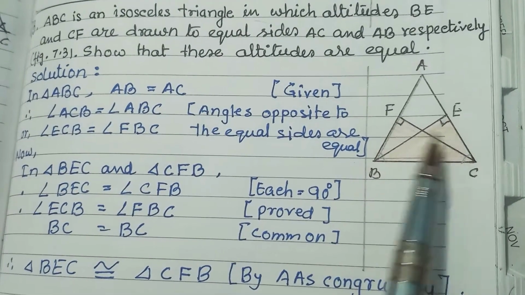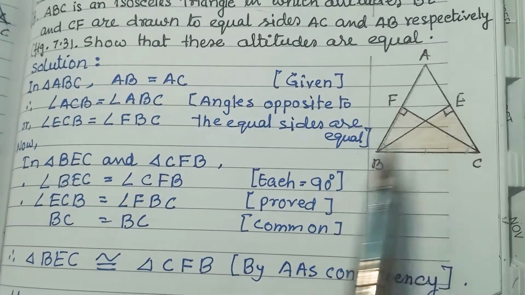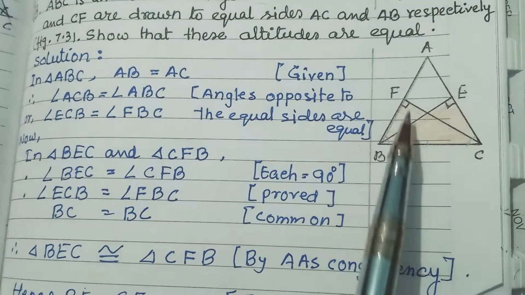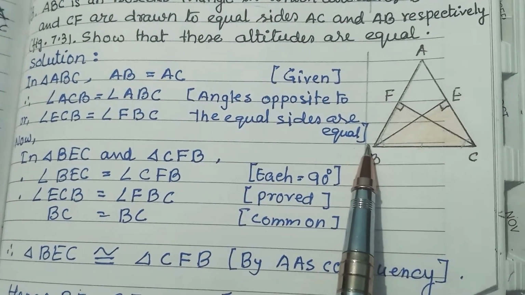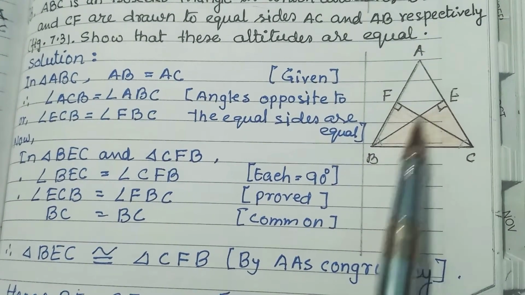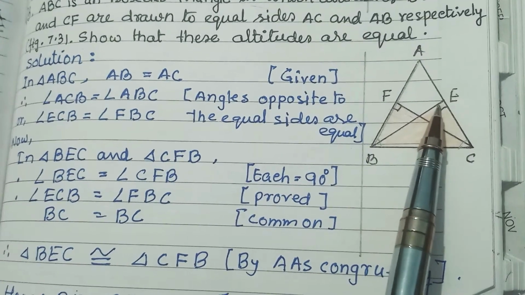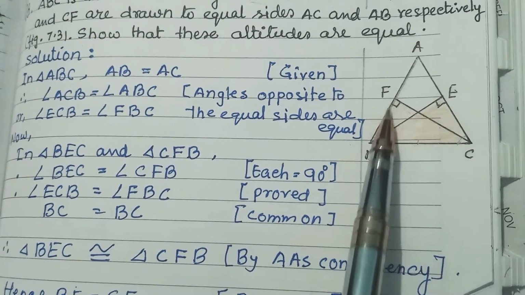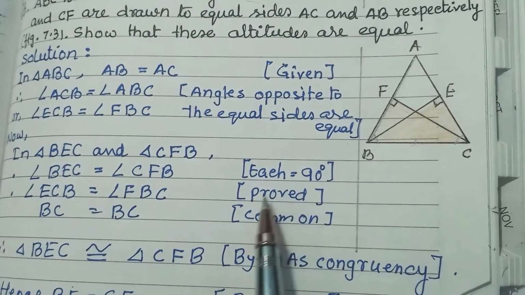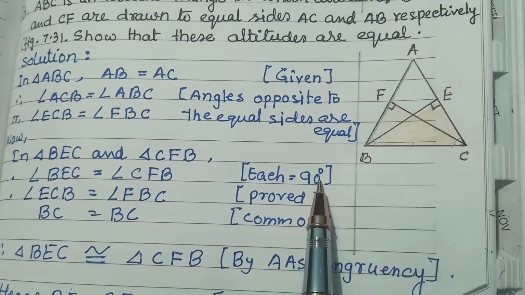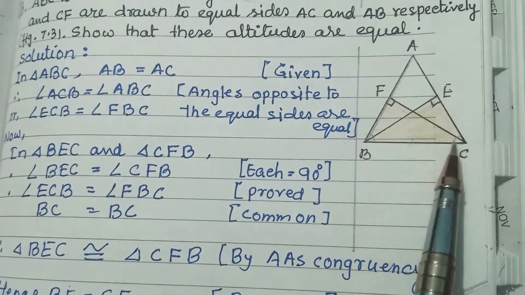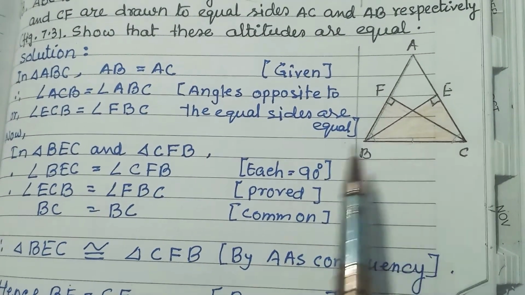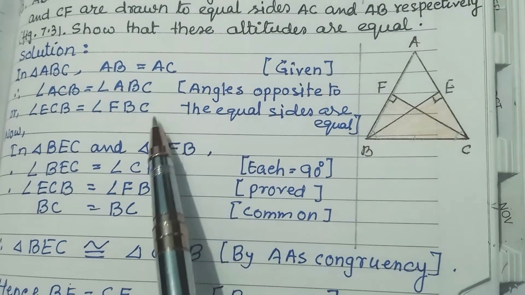Now in these two triangles, angle BEC is 90 degrees, since an altitude means perpendicular. BEC is equal to CFB, both 90 degrees. Angles ECB and FBC are equal, as already proved.